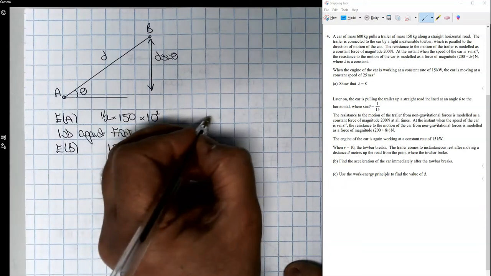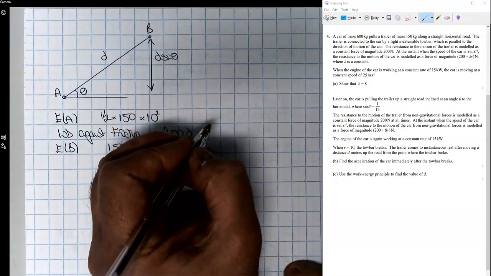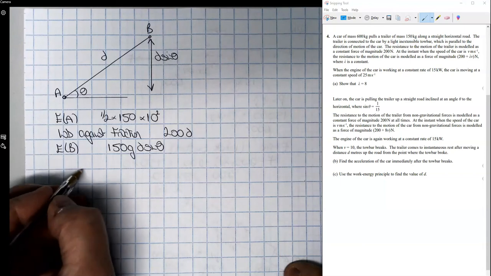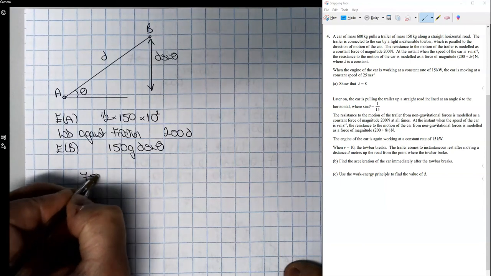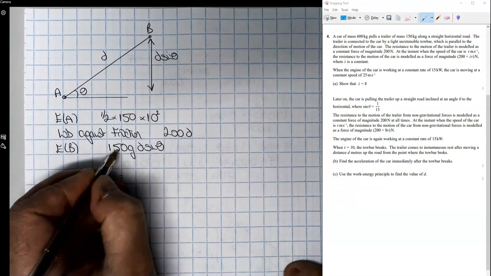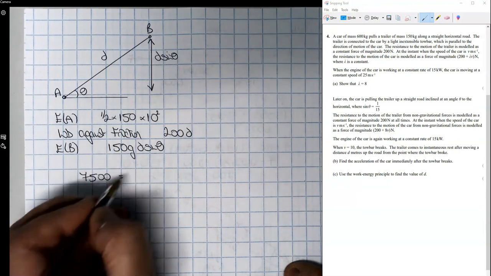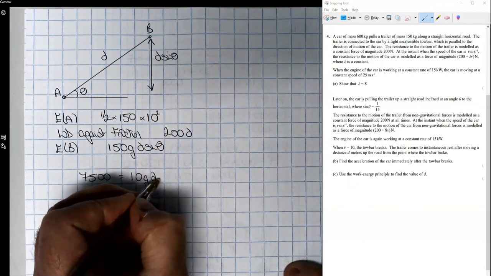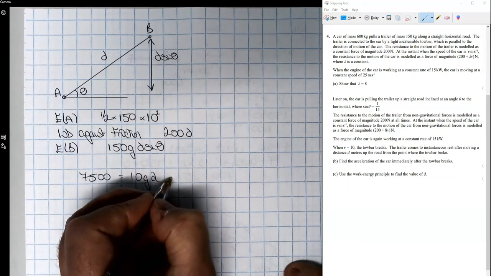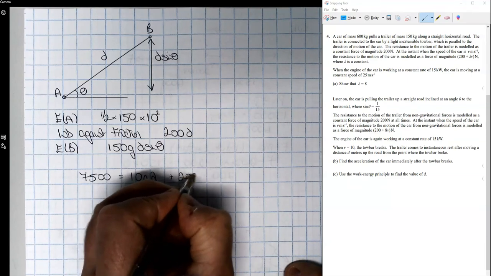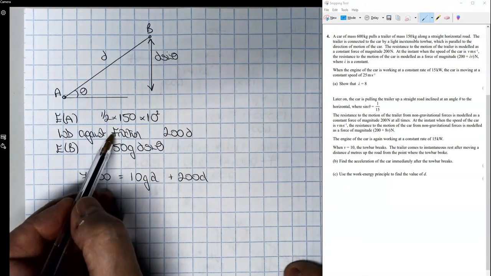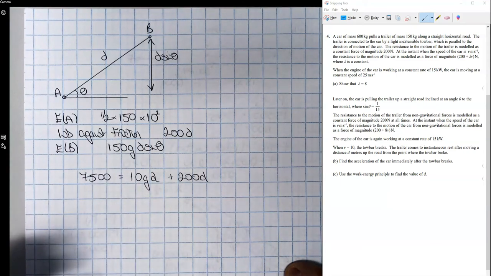So this is 7500 equals, we're going to divide this by 15, so it's 10 GD plus 200 D. So energy at the start equals energy at the end plus any work done against friction.